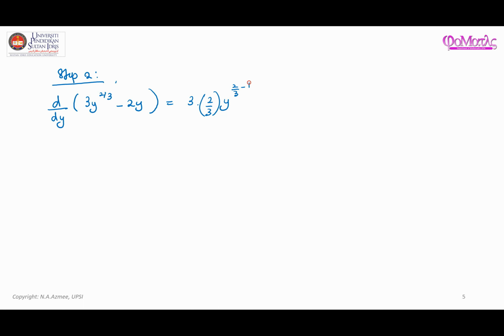On top here is going to be reduced by 1, minus 2, and if you simplify that, you will get 2 over 3 minus 1, which is negative 1 over 3, minus 2. Factor 2 out. So this is the result.